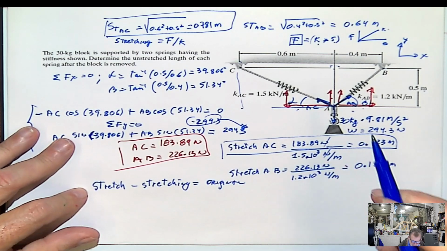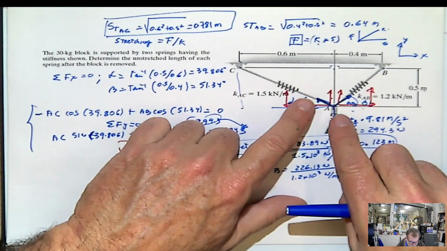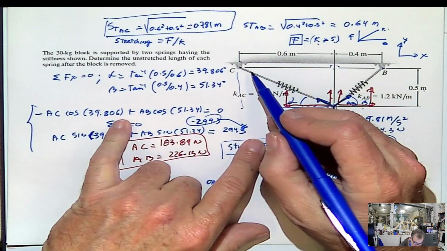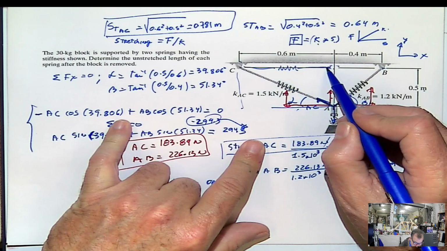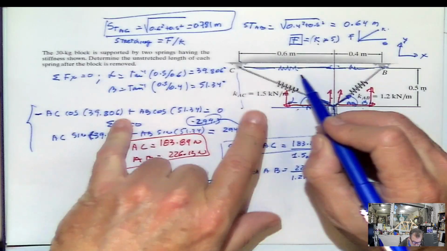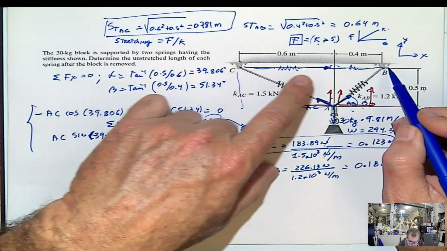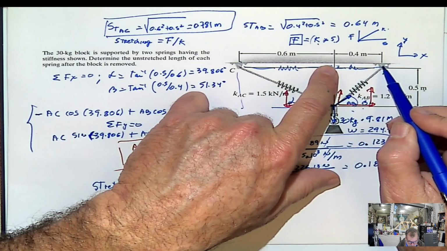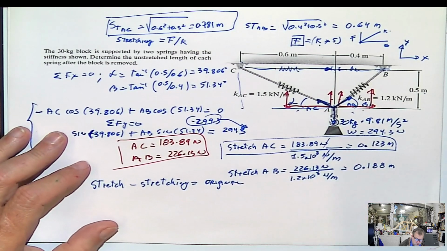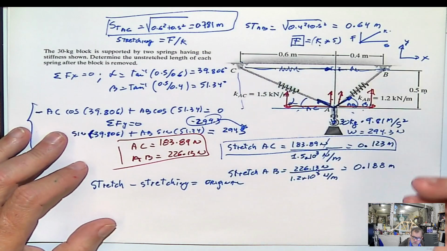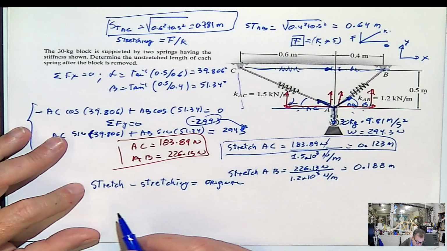And that original is going to happen when we release this. When we release this weight, the springs are going to come somewhere here. And this is going to be the length that we are looking for. This length. The unstretched length for those springs. How much is that? I don't know. Where is this point? I don't know. We could calculate it, but this is not what we need to do.